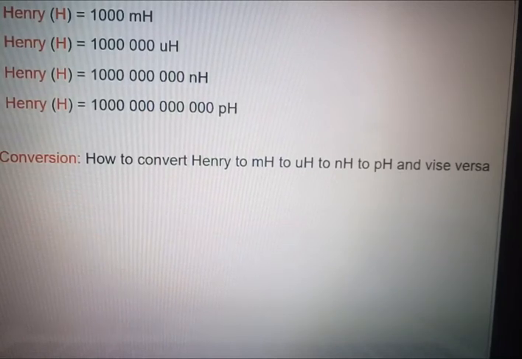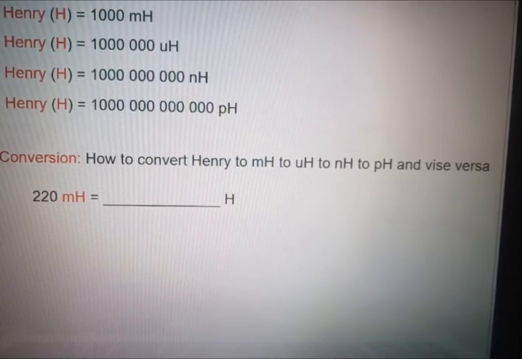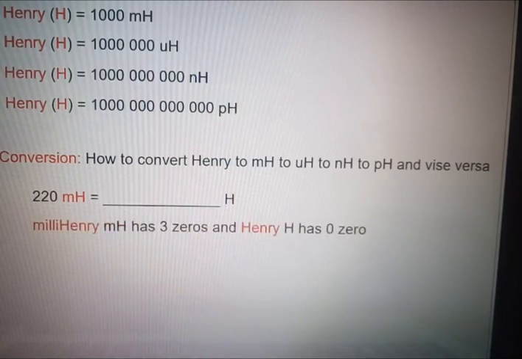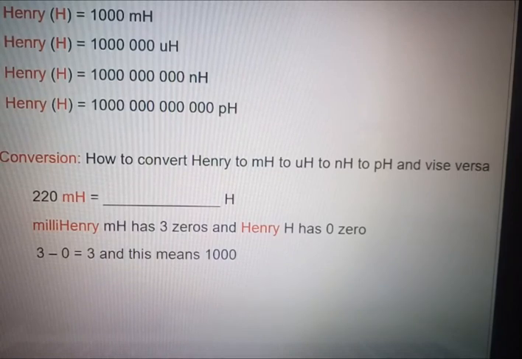So another example, we have here 220 millihenry convert to henry. So remember that millihenry has 3 zeros and henry has 0. So you have to subtract 3 minus 0 is equal to 3, and this means that 3 is 1000 or 3 zeros.